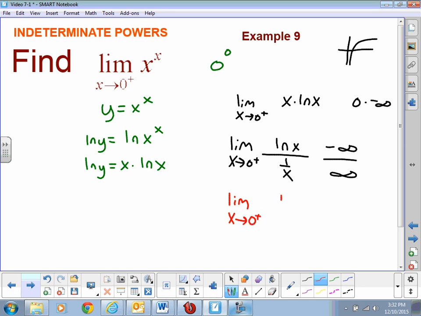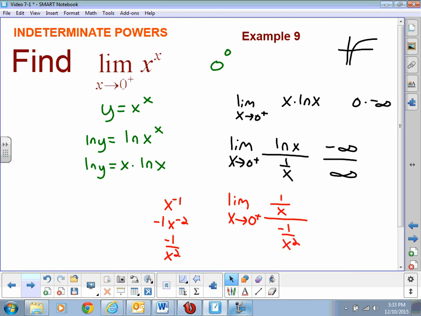Derivative of a natural log is derivative of the inside over the inside. I'm going to go off to the side for the 1 over x. 1 over x can really be written as x to the negative 1, so its derivative is negative 1 x to the negative 2. Well, that can be written as negative 1 over x squared because negative exponents move to the bottom of the fraction. So this is really negative 1 over x squared.